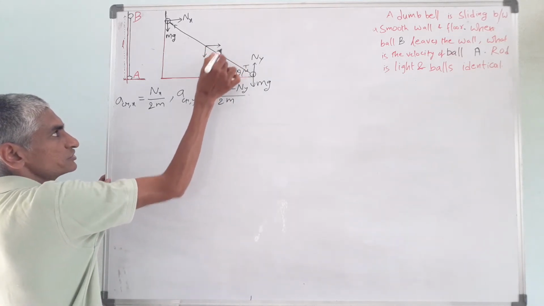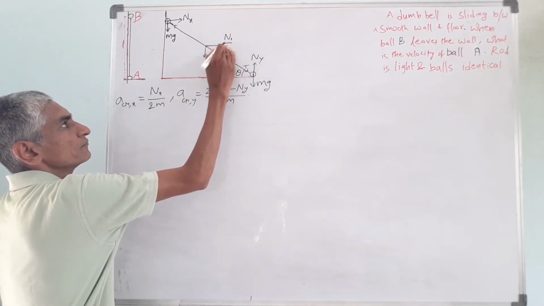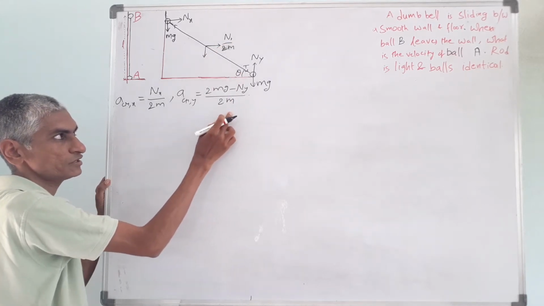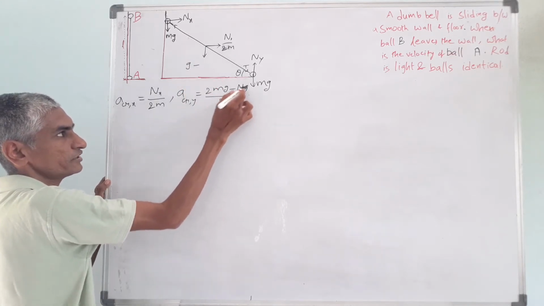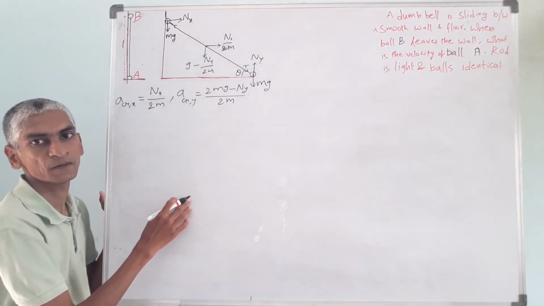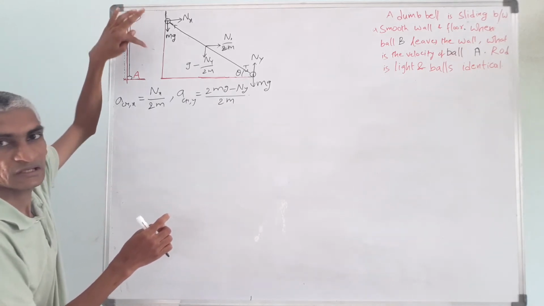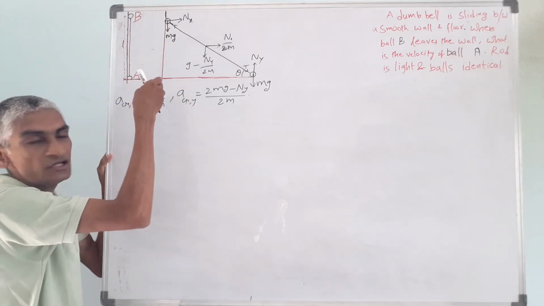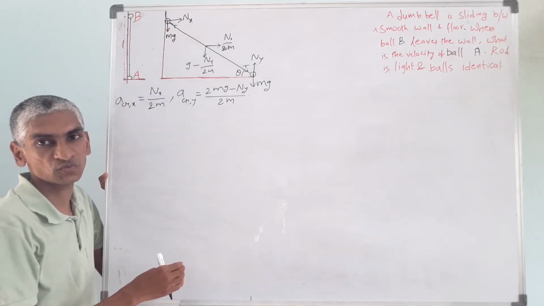So horizontal acceleration value is Nx by 2m, vertical acceleration value, am I right, g minus Ny by 2m. Now what is the direction of acceleration of this one? Vertical. That is the basic idea I am using. It is moving vertically, so its acceleration is vertical. So its acceleration in the horizontal direction is 0.